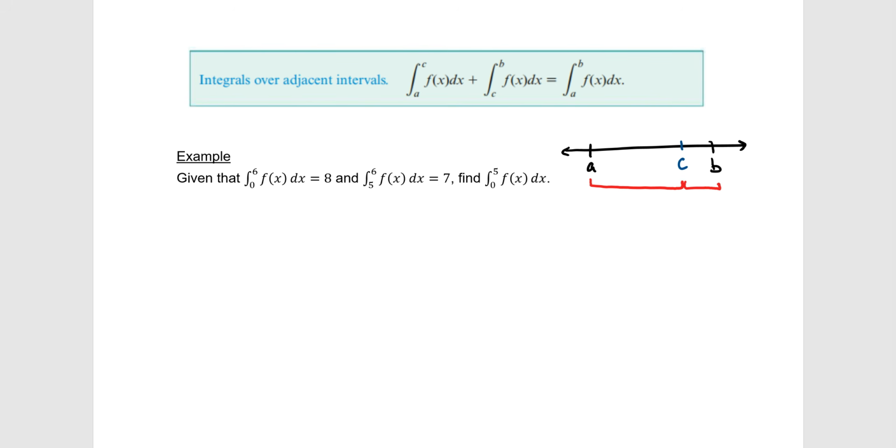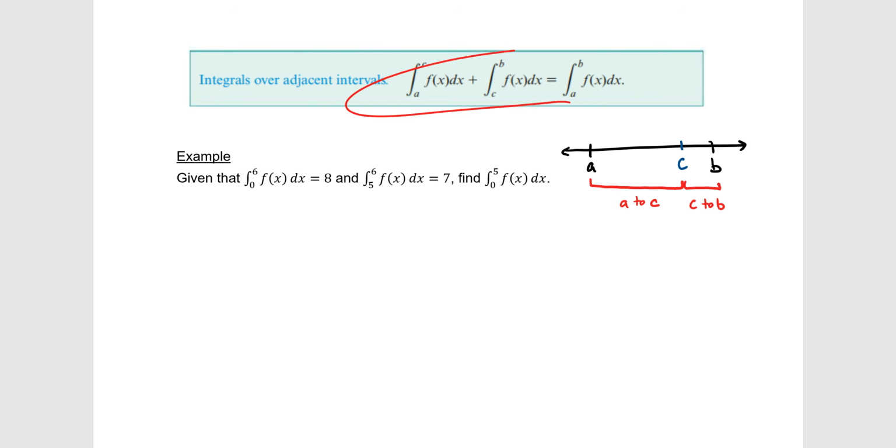That's going to be the interval from A to C. And the next one is from C to B. Hopefully you agree that that equals A to B. It spans the whole entire region.